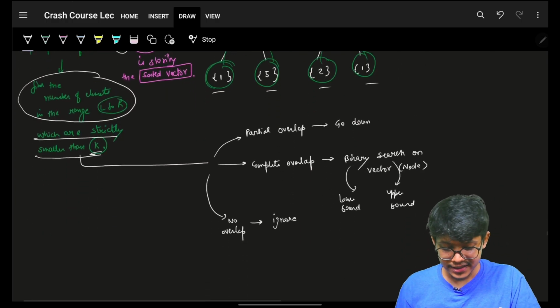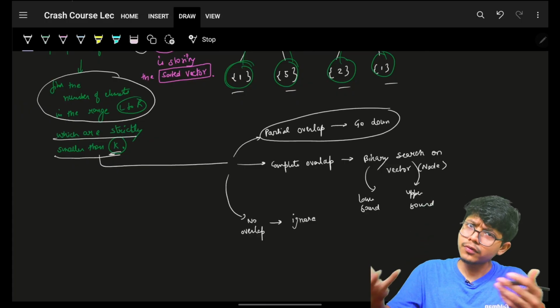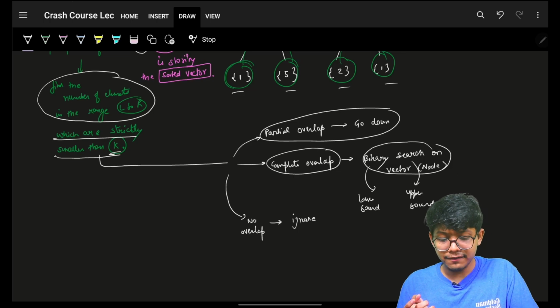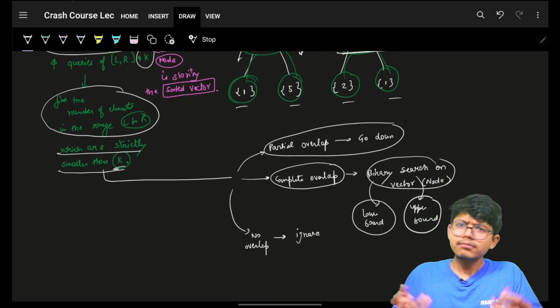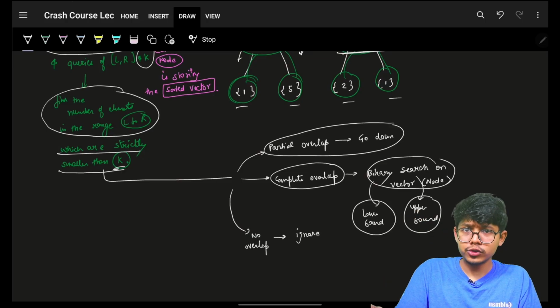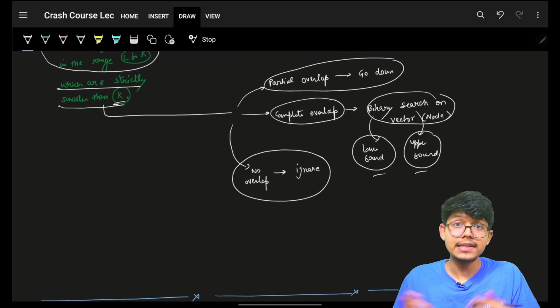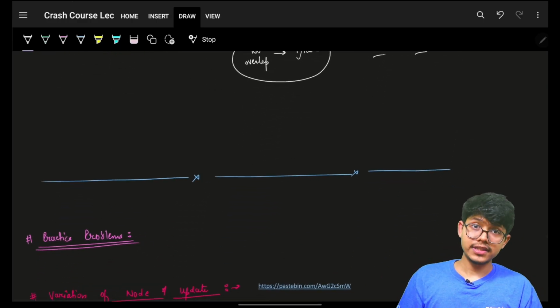That's how simple it is: in a partial overlap, go down for sure. In a complete overlap, apply a binary search on that vector which you have stored in your node. Again, you can implement binary search yourself, or you can simply use lower bound and upper bound. And if it's no overlap, then simply ignore. Now you are completely done with your segment trees.